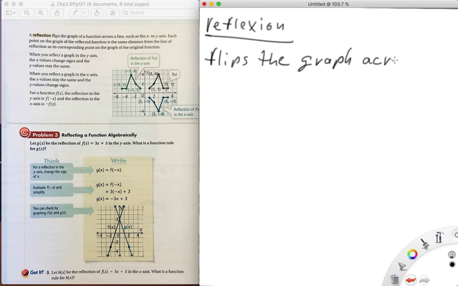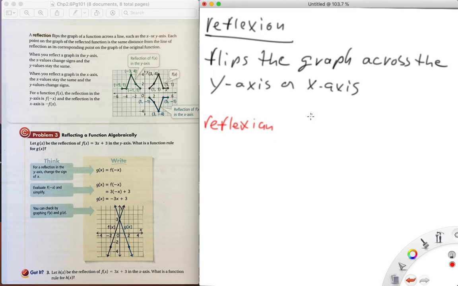When we're talking about flipping across the y-axis, a reflection across the y-axis will be in the form of f of negative x.